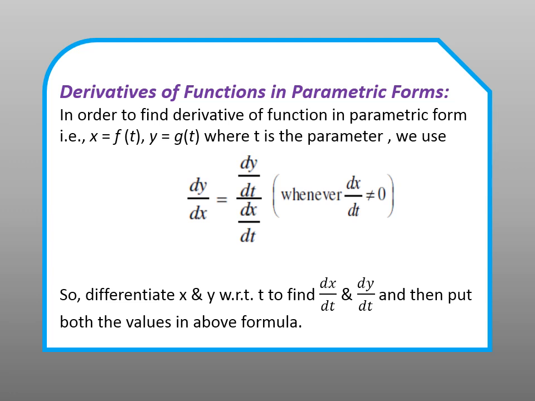That is, we have to differentiate x with respect to t to get dx/dt, and differentiate y with respect to t to get dy/dt, and then put both dx/dt and dy/dt in the formula: dy/dx equals (dy/dt) upon (dx/dt). It is very simple. Simply differentiate both with respect to the parameter and then put them both in the given formula. So pause and note down this method.